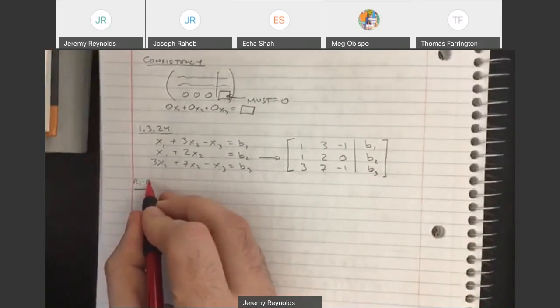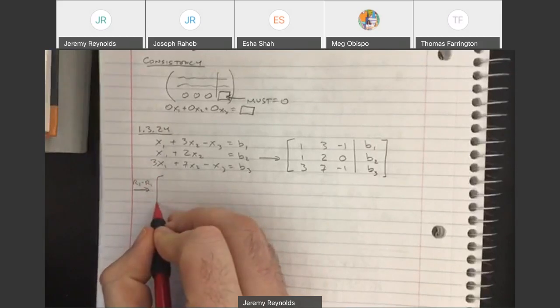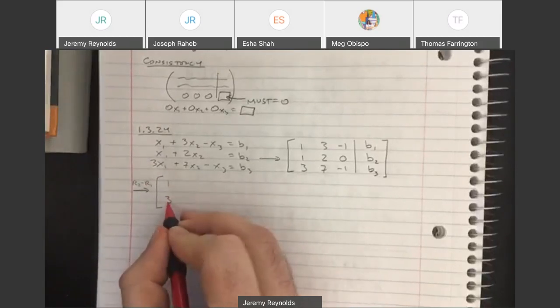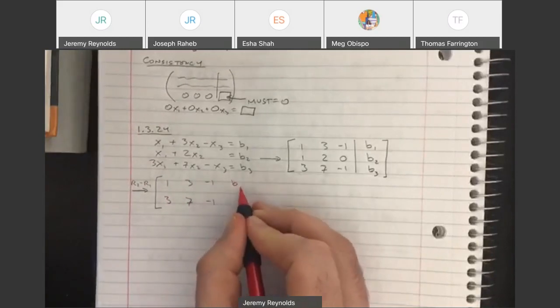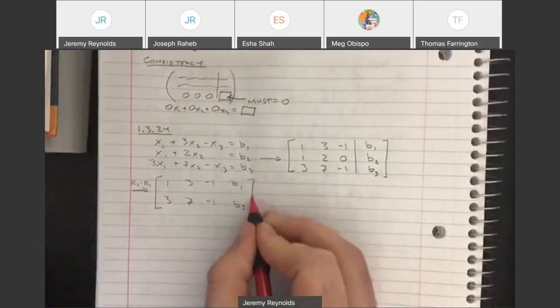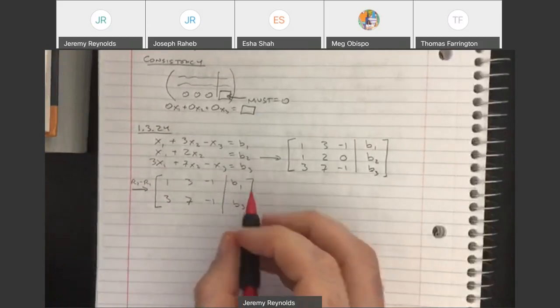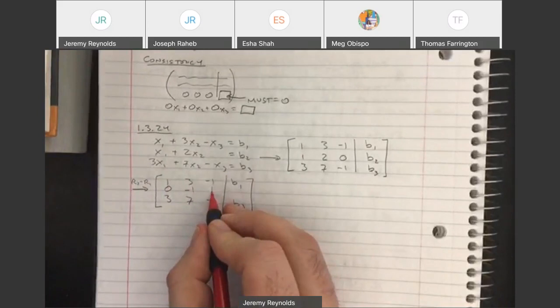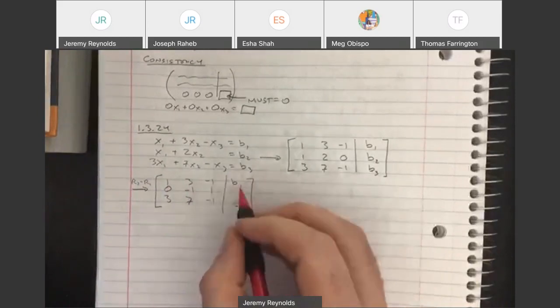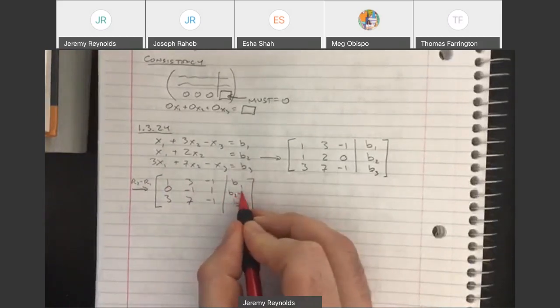Let's do row 2 minus row 1. Top and bottom will be the same, and then we're going to have 0, -1, 1, and b2 minus b1.